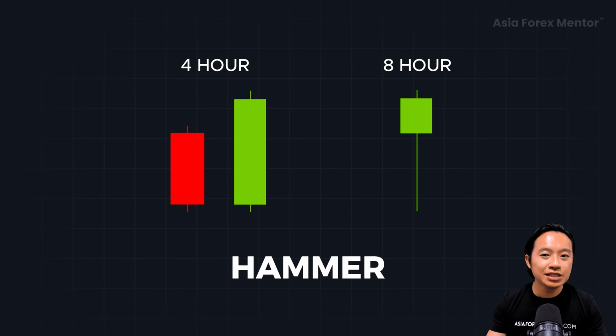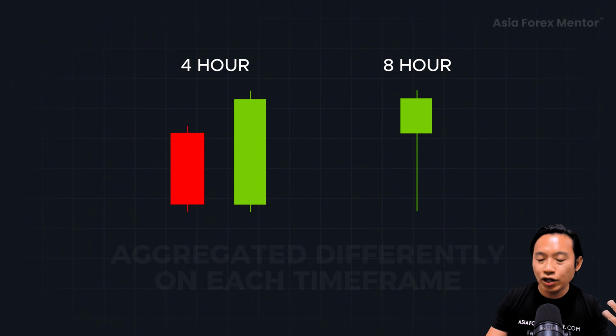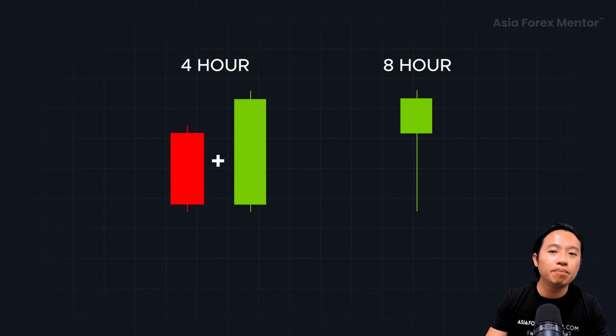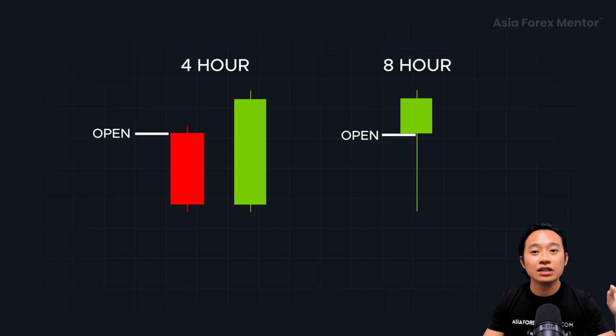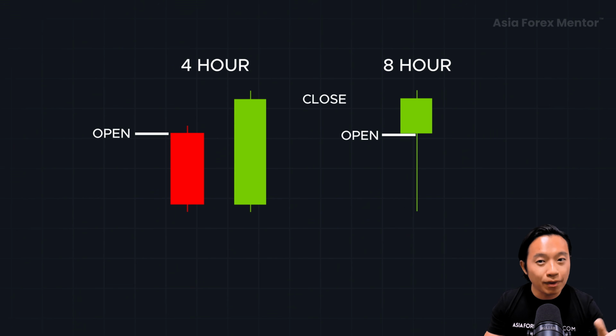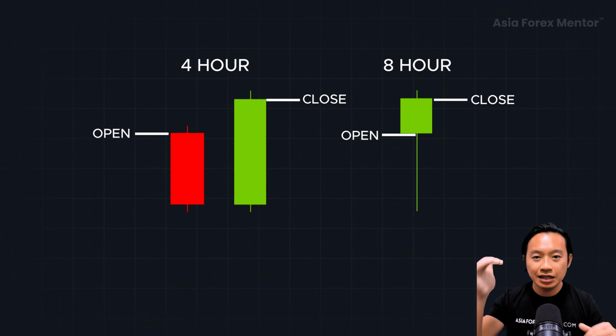This happens because the candles are based on each time frame itself. So when you combine them, it gives you a different perspective of the market. To translate the pattern from a lower time frame to a higher time frame, you use the opening price of the first candle as the opening price of the corresponding candle on the higher time frame. The closing price of the second candle becomes the closing price of that bar in the higher time frame.